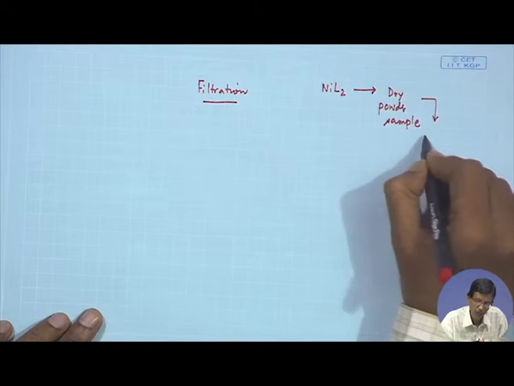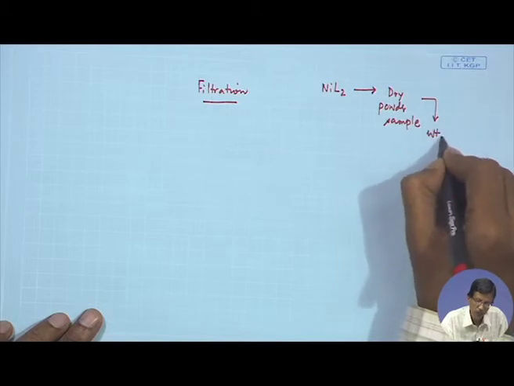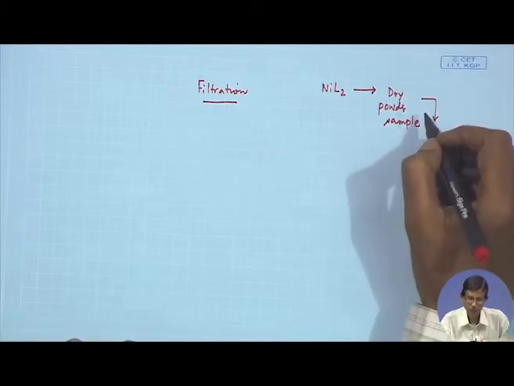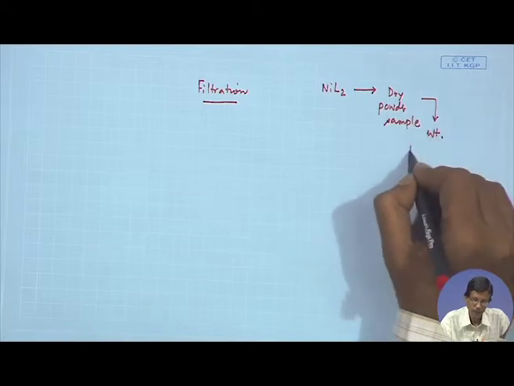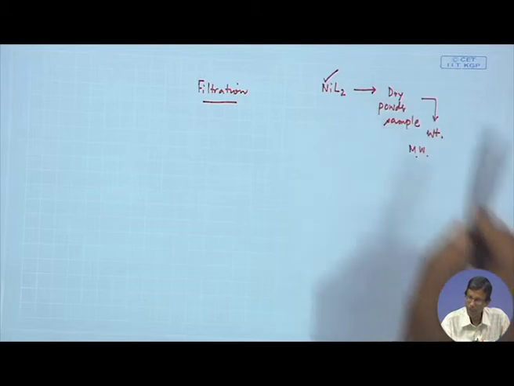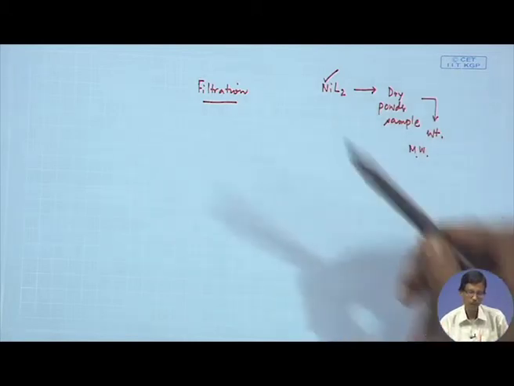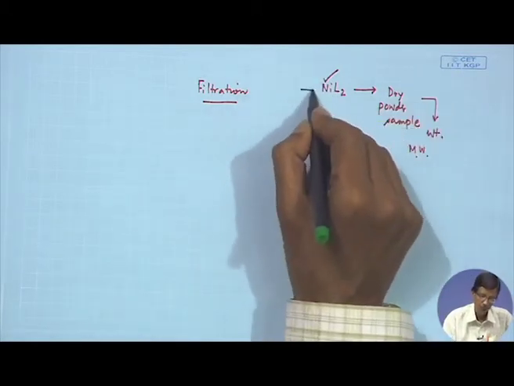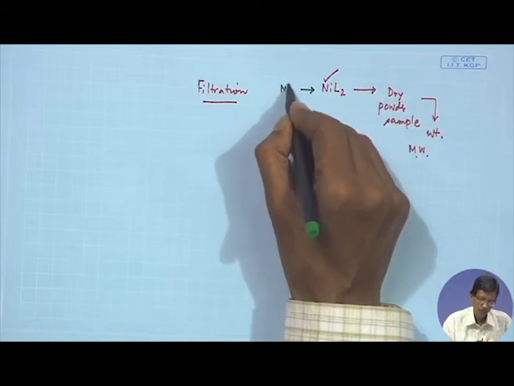If we are able to take the weight in a particular form, from that weight, by knowing the molecular weight of the complex, you can find out the amount of nickel present in the complex, or the amount of nickel present in the original sample we are analyzing.